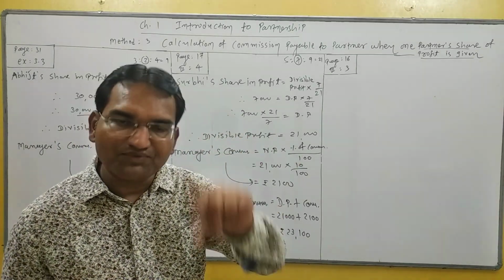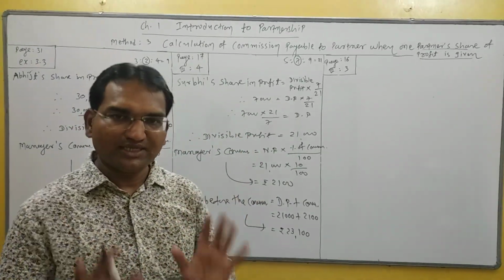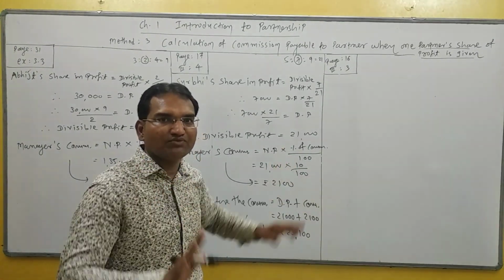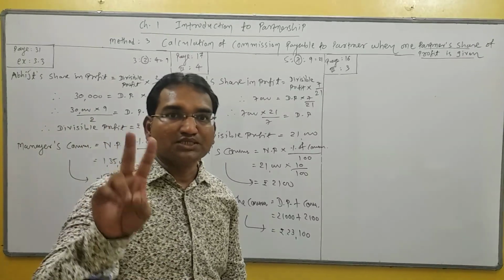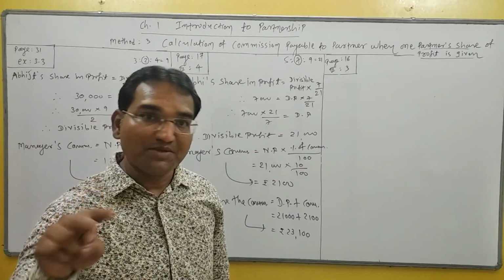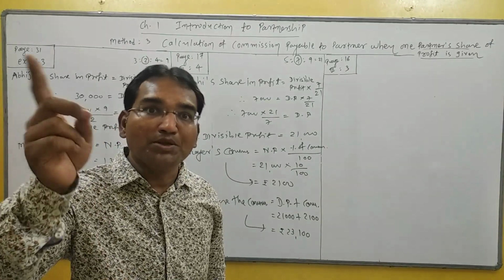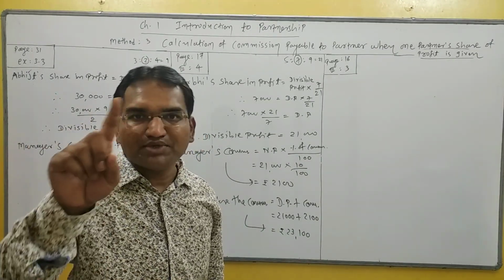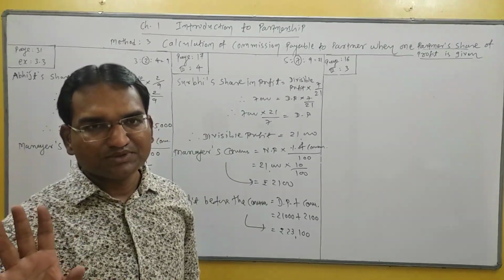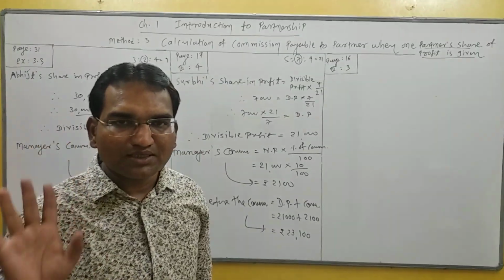But if profit after deduction of commission is given, in that case 10 by 100. So be careful of the situation of profit. Two types of profits may be given in the example. Profit before commission is given, 10 by 110, but profit after commission is given, in that case 10 by 100.